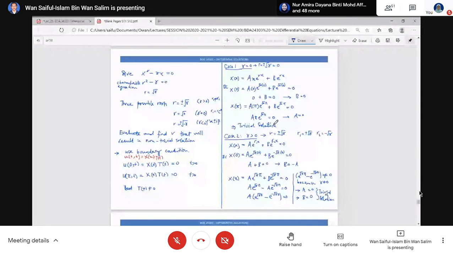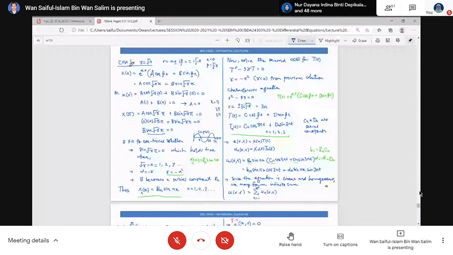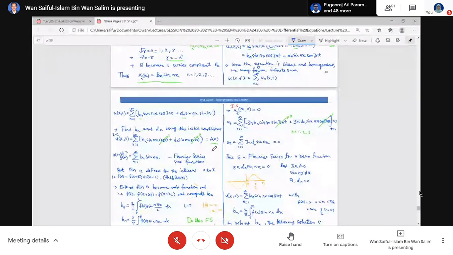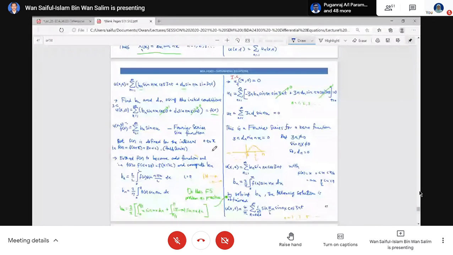Go away straight away. Kalau dalam exam kan, straight away go to case 3 ni, where the roots are a complex number. Faham tak? Sebab case 1 dan case 2 biasanya trivial solution. Okay, yang root yang bagi solution biasanya yang complex number. Itu tips lah. Heat equation pun sama. Selalunya the roots that will result in a non-trivial solution is that complex root.